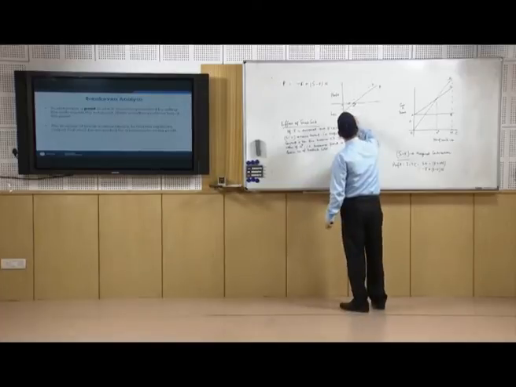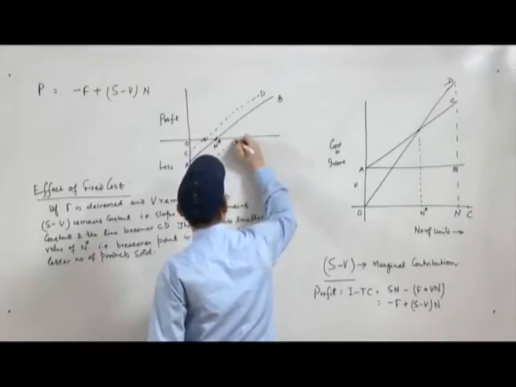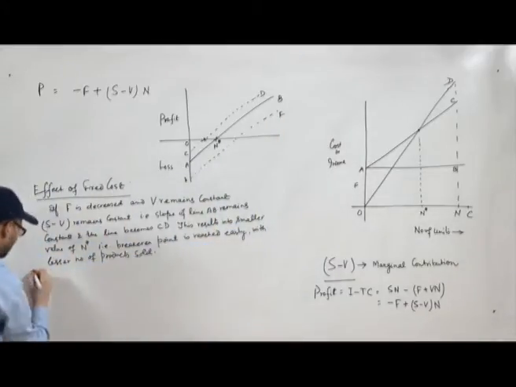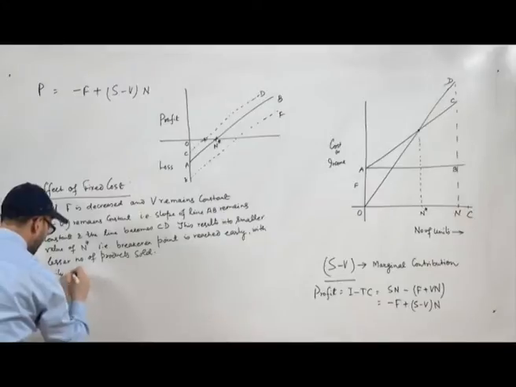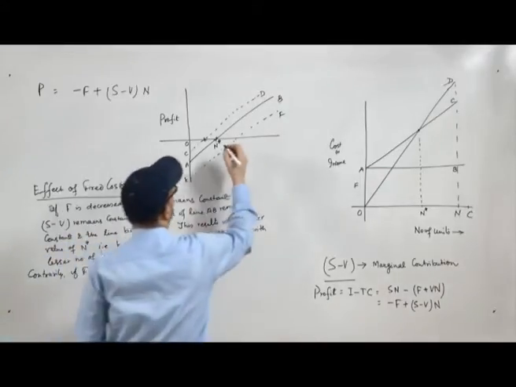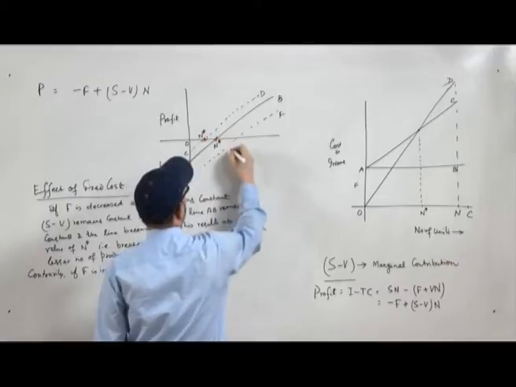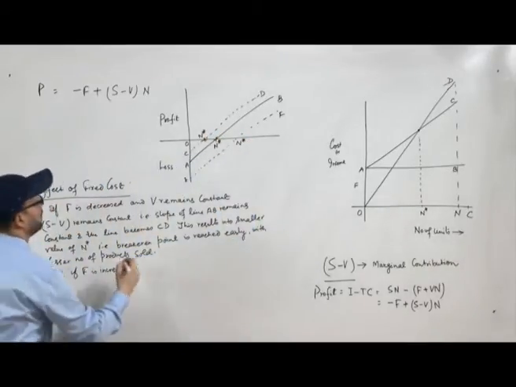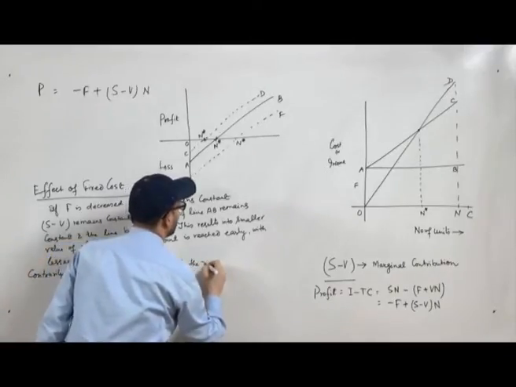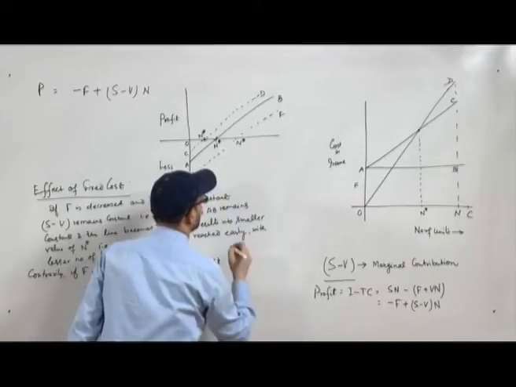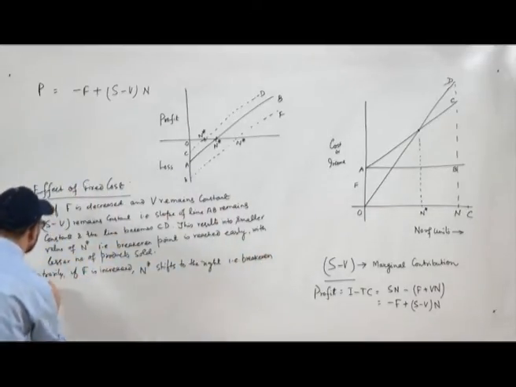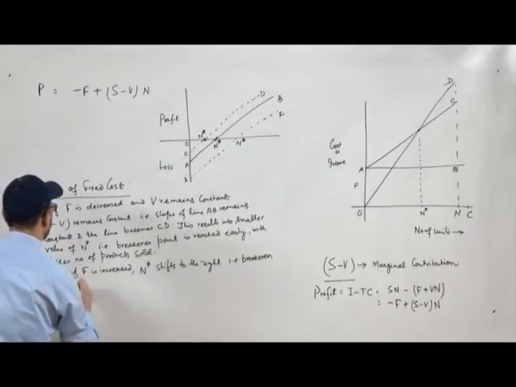Contrarily, if we increase the fixed cost and V remains constant, contrarily if F is increased, in that case your n star shifts to the right, that is, break even quantity is increased.